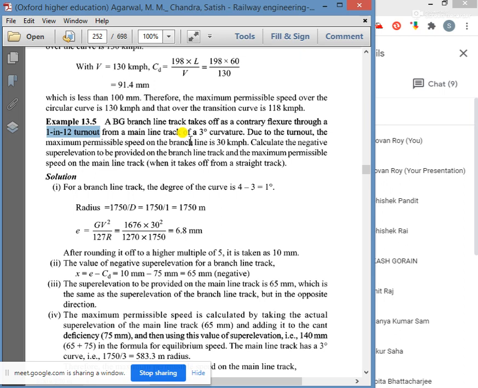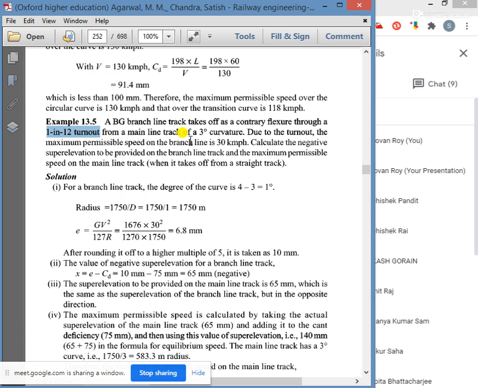Okay, so the 4 degree value is available as per the data already provided in the turnout chapter, one of the chapters in railway engineering.